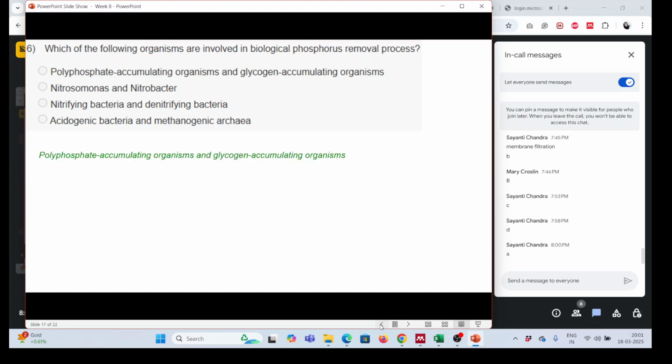The correct option is, of course, option A, polyphosphate accumulating organisms and glycogen accumulating organisms.